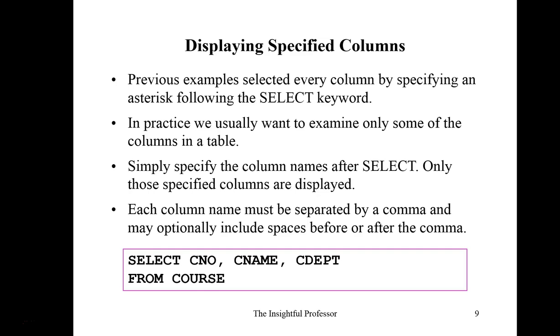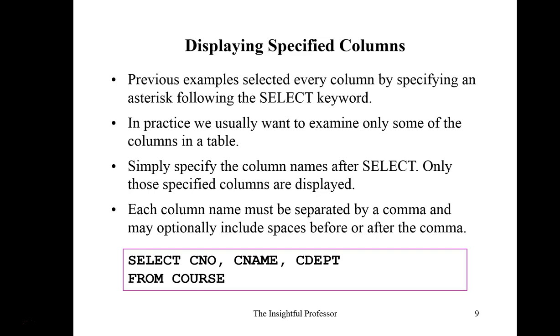I'm not obligated to display them in any particular order based on how the columns are stored in the table. This is a concept referred to in database as data independence. Completely independent of how things are physically stored, I can formulate my query such that, oh, I want to see the CNAME column before the CNO column, even though that's not how they're stored, just by changing the order.